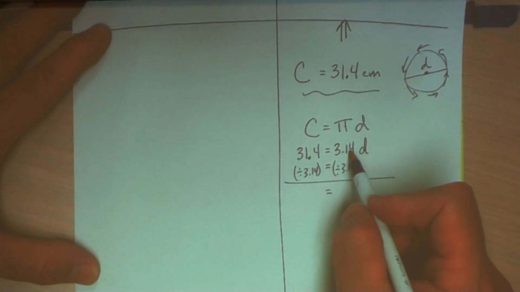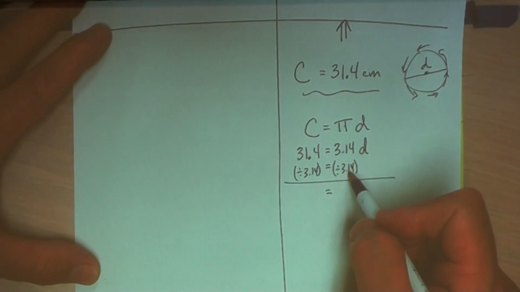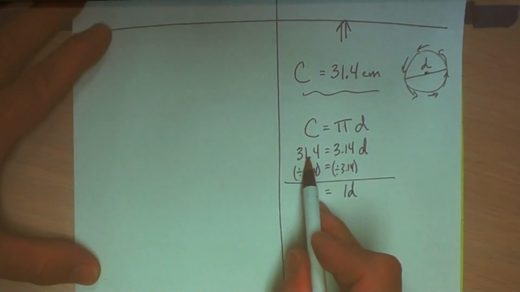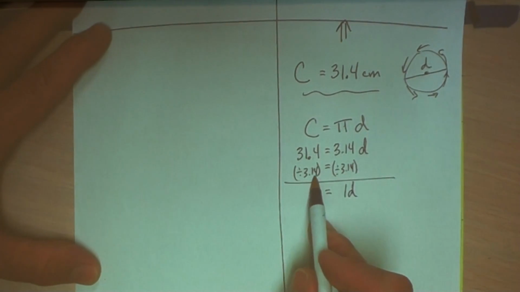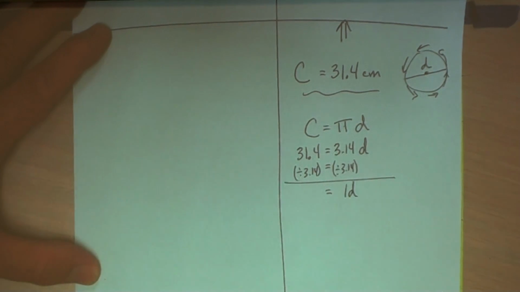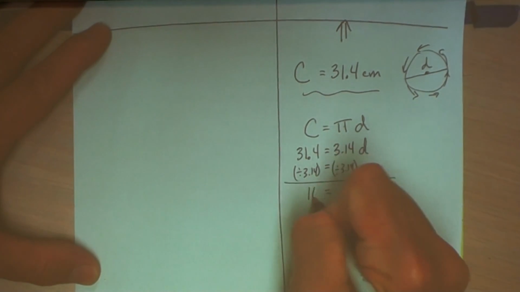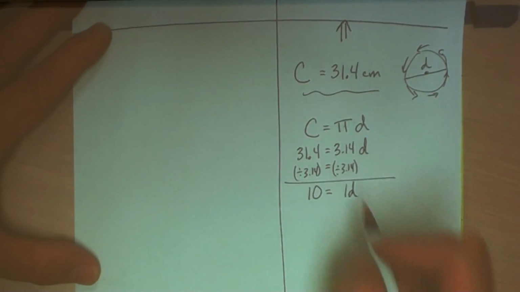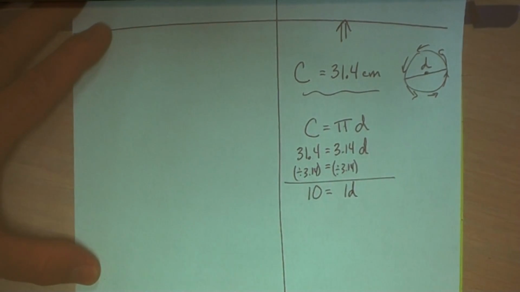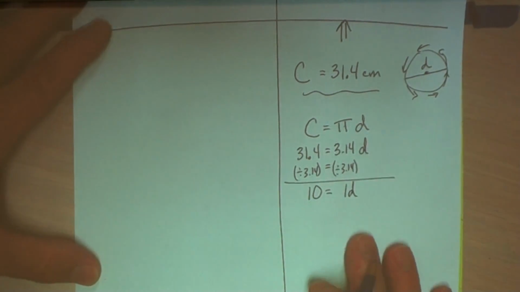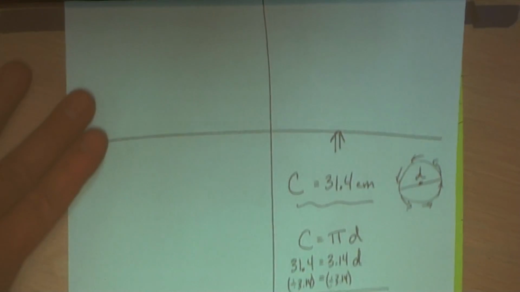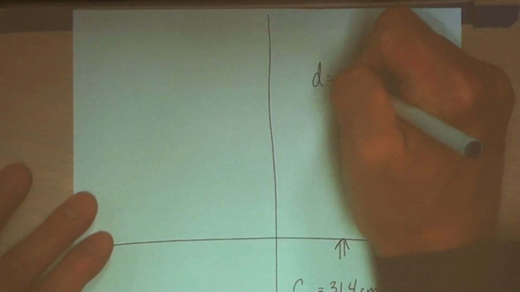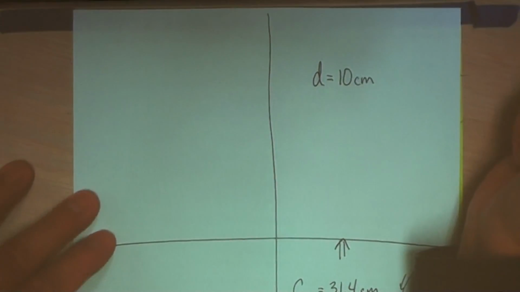So 3.14d divided by 3.14 is 1d. 31.4 divided by 3.14 can be solved longhand or using the calculator. In this case, we have found that it equals 10 units, which are centimeters. So we will take that information and we will now know that our diameter is equal to 10 centimeters.